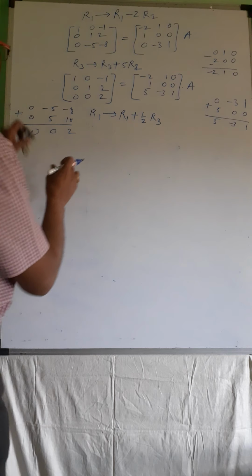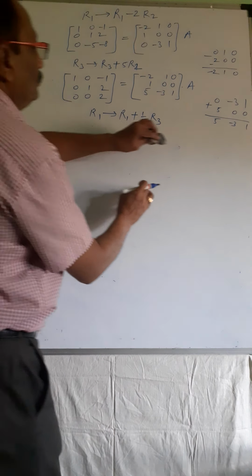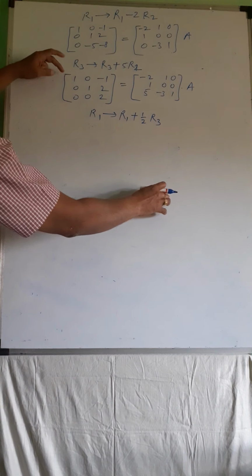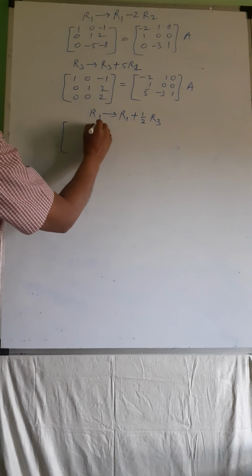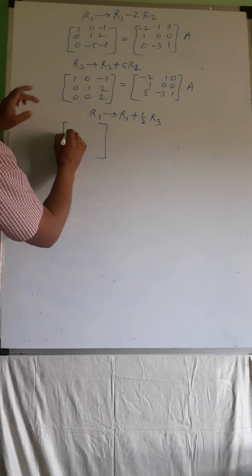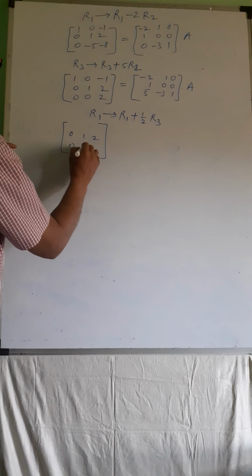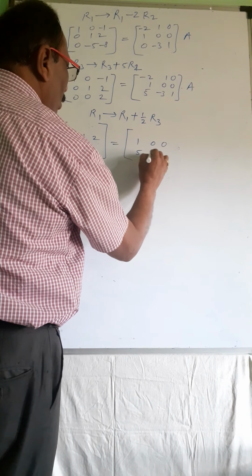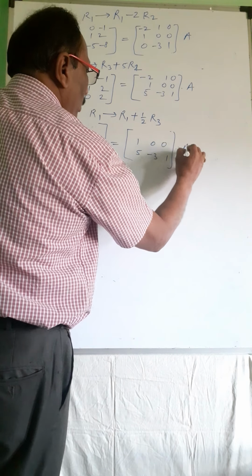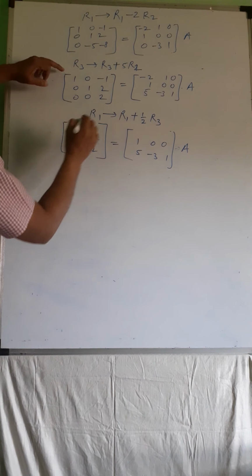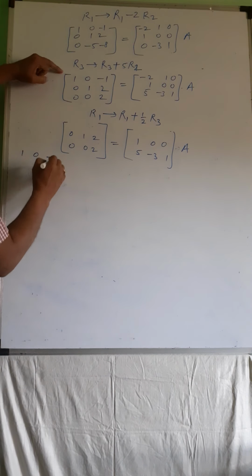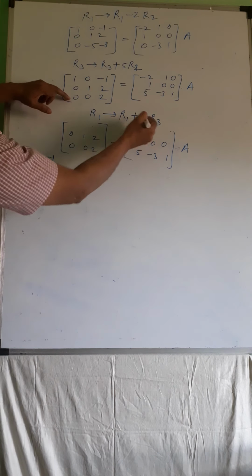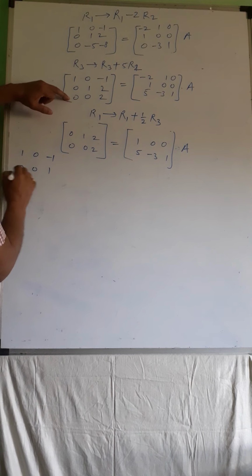Here also R1 will change, means second row, third row, we write second row, third row into matrix A. Therefore R1 is 1 minus 1, then third row we multiply by half, means 0, 0 and 1.